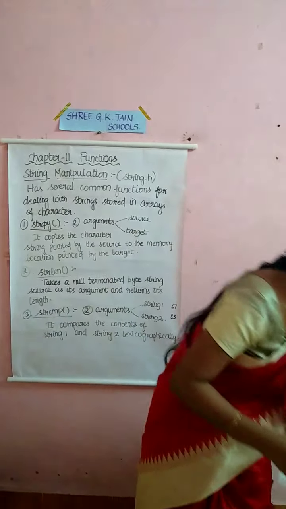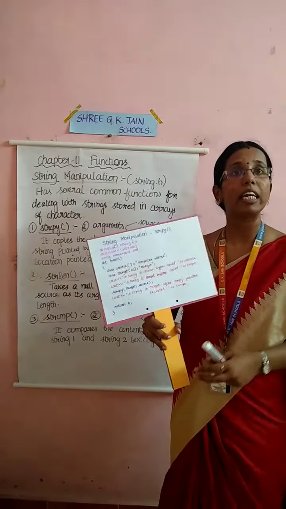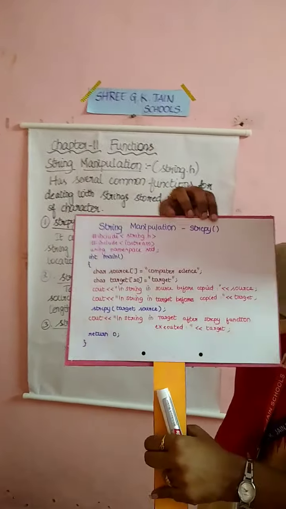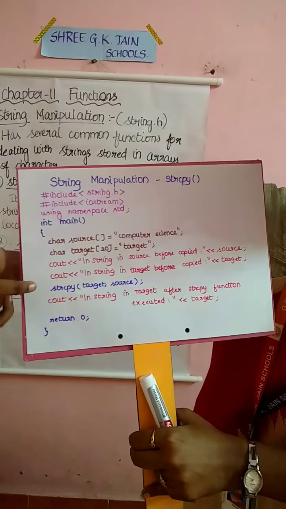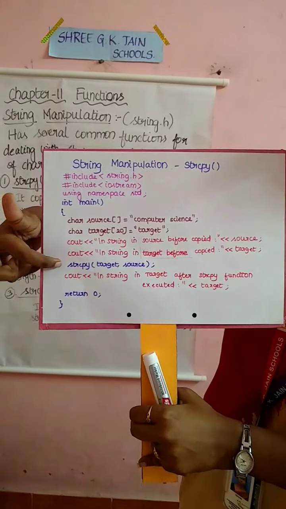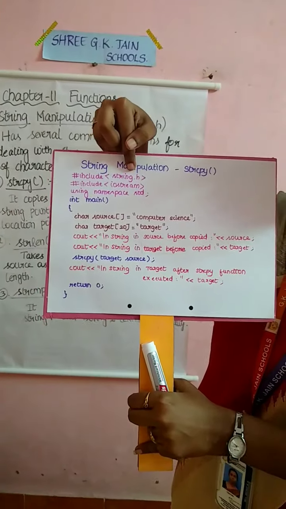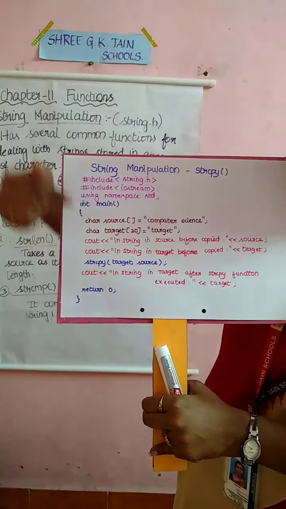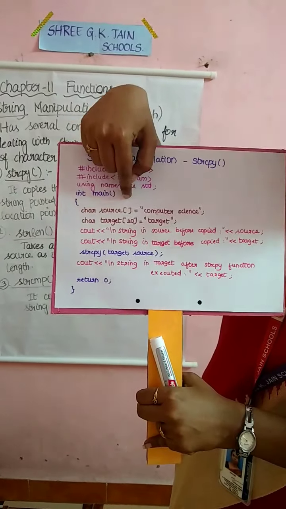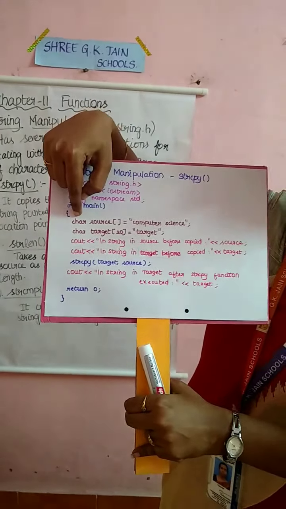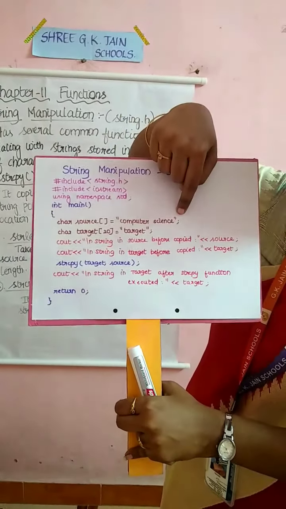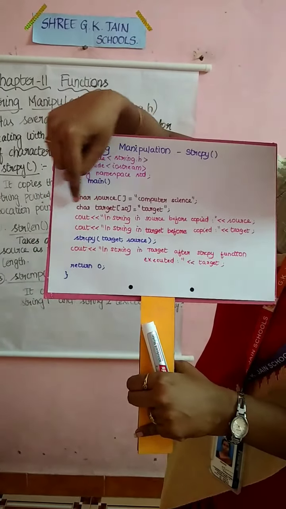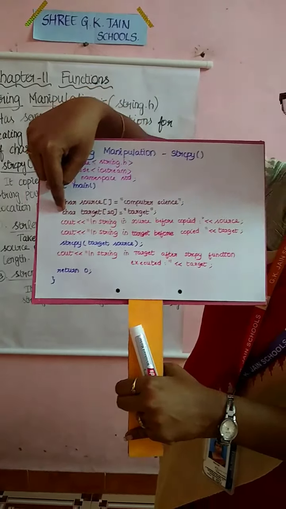I will first tell you the example, then you will clearly understand the definition of string copy. As I told you, for using any string function, you have to first include the string.h header file. Coming to int main, char source is your variable under the character data type. It takes the string computer science. And target is another variable under the same character data type.